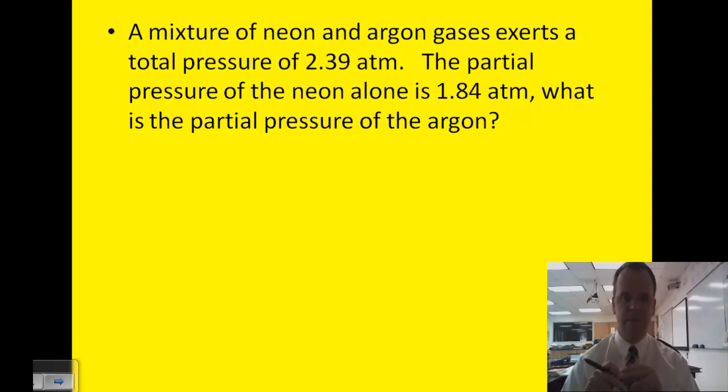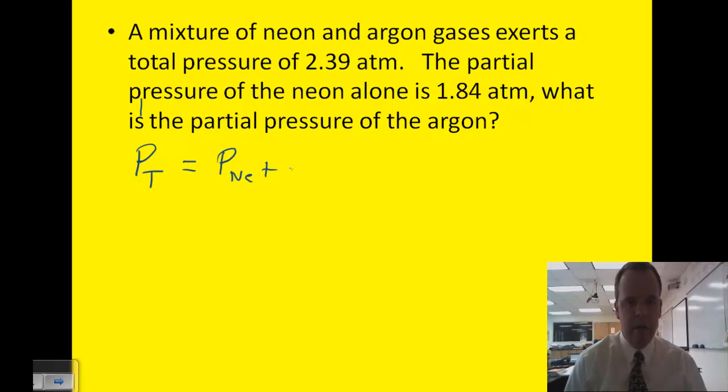So here are some examples. A mixture of neon and argon gases exerts a total pressure of 2.39 atmospheres. If the partial pressure of neon alone is 1.84 atmospheres, what is the partial pressure of argon? So in this case, our pressure total will be the pressure of neon plus the pressure of argon.